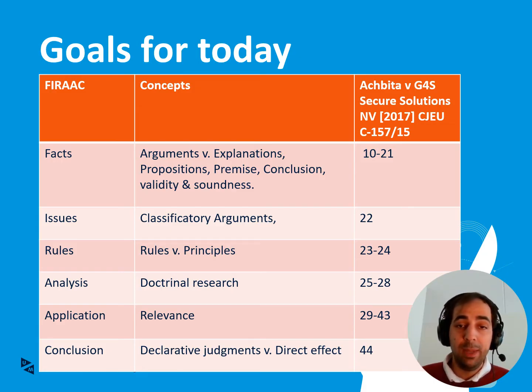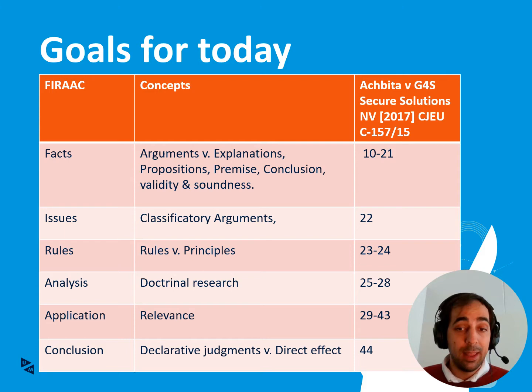Now, in order to make all of this easy for you to understand, we'll use the Achbita versus G4S case as an example. In this case, there was a woman who worked in Belgium. One day she decided that she'd like to wear a headscarf to work.